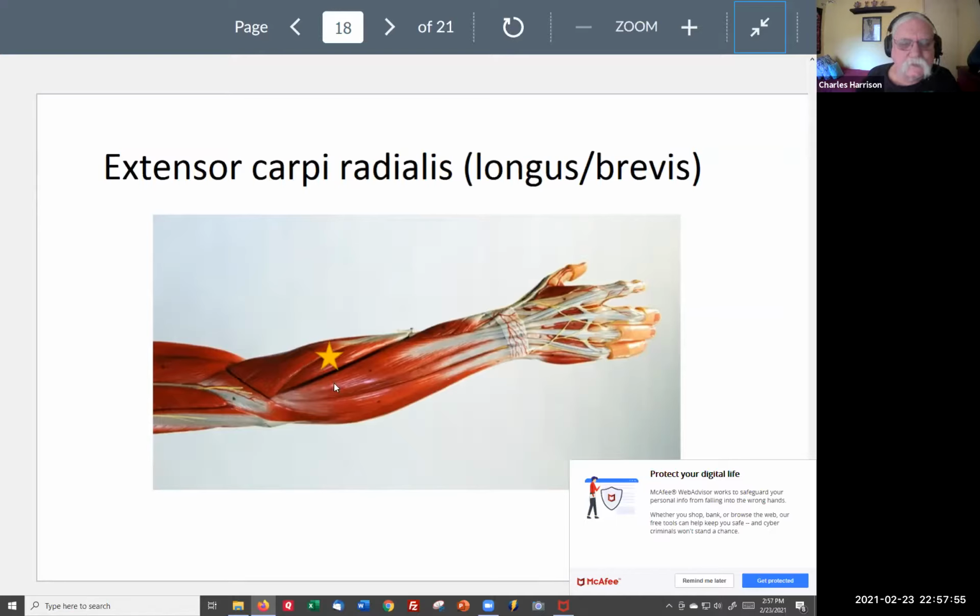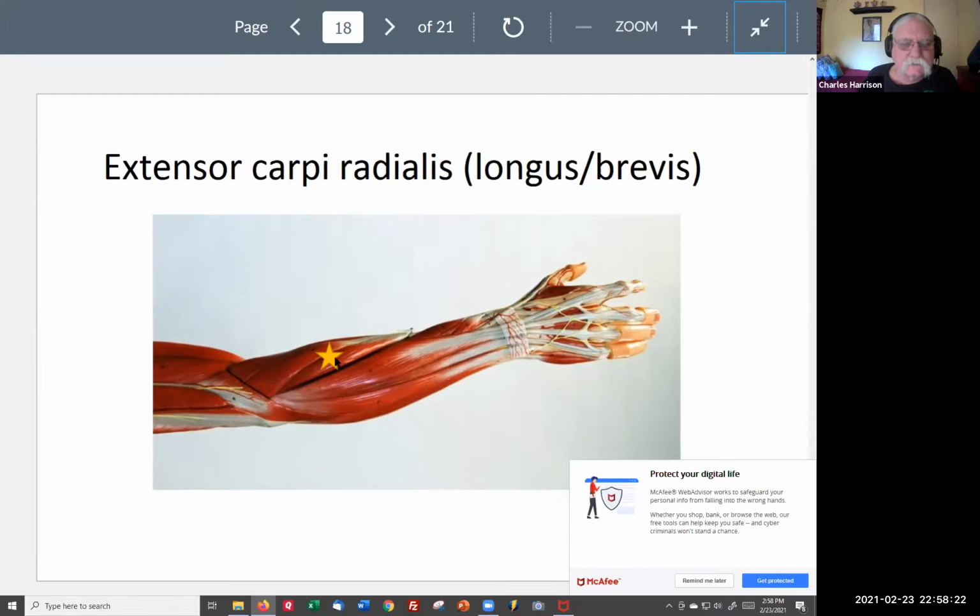Before you get to the forearm extensors, this is the extensor carpi radialis, going to the thumb side. There are two parts to it. It looks like these two parts belong to this one. It does not. This and this are the extensor carpi radialis.